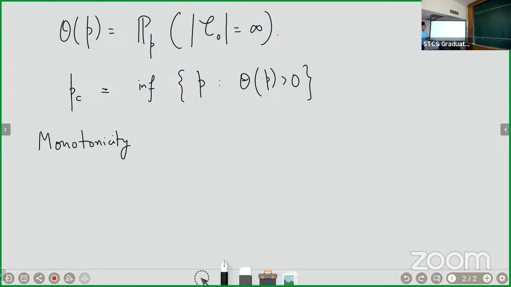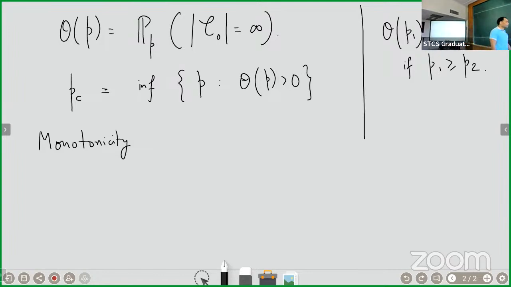So suppose percolation happens with probability p1 and p2, what I really want to show you is that theta(p1) is greater than theta(p2) when p1 is greater than p2. Otherwise something is wrong. If I'm making more edges open, I should expect the probability of percolation to increase.